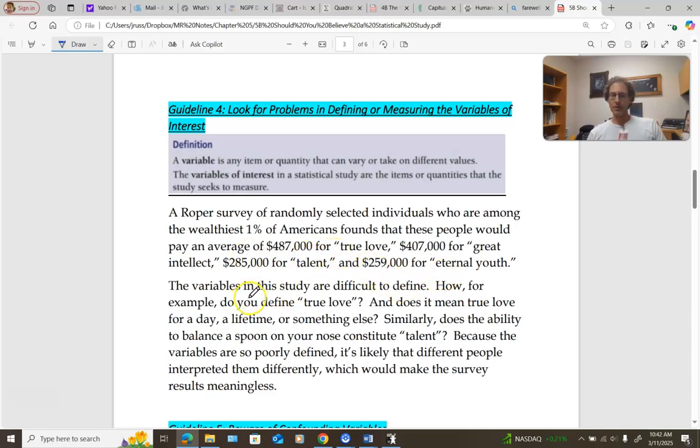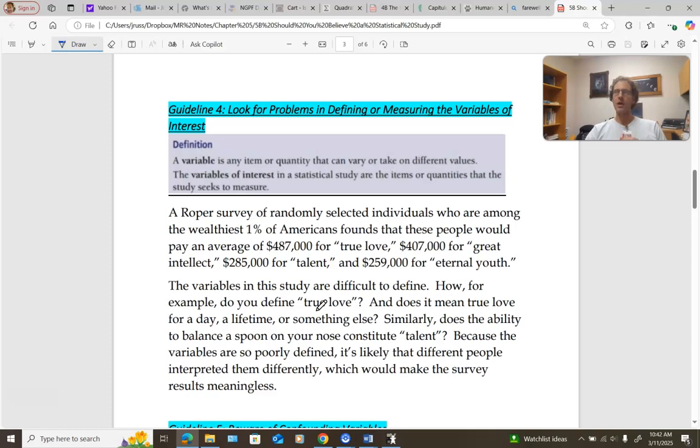So how, for example, do you define true love? What does that mean? That's very abstract. Okay, and does it mean true love for a day, a lifetime, or something else? So it doesn't say. We don't know that. You'll hear lots of people say, maybe in their past, they might refer to their true love.